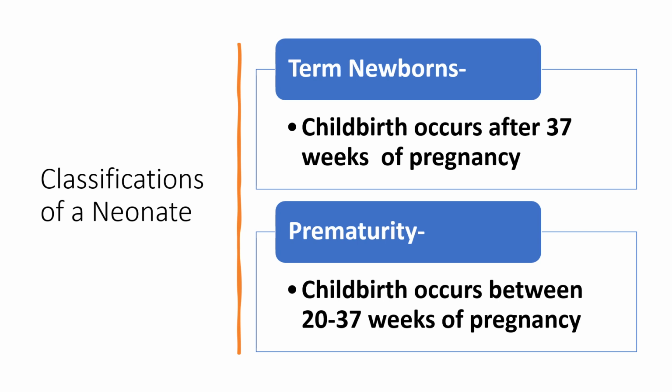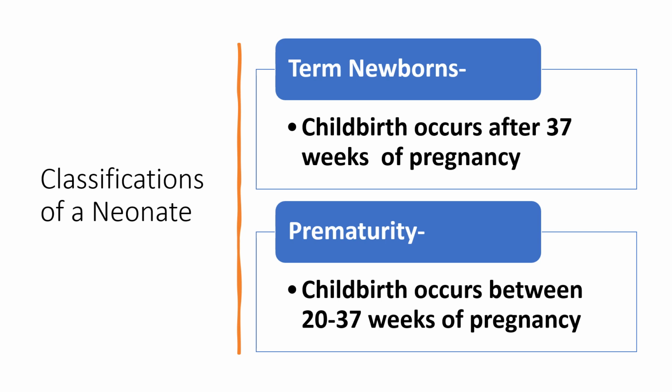Our neonates are broken up into 2 basic categories. They have a couple subcategories, but we have a term newborn, where childbirth occurs after 37 weeks of pregnancy. And we have our premature babies, or preemies, and that is anywhere between 20 and 37 weeks.